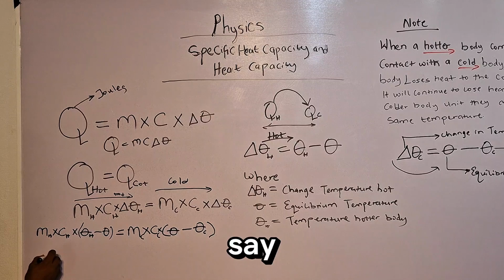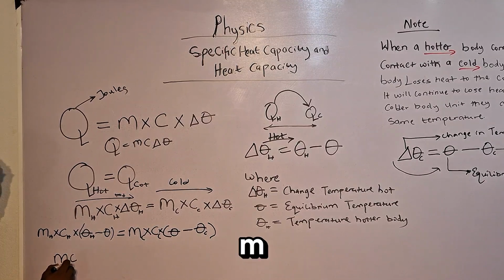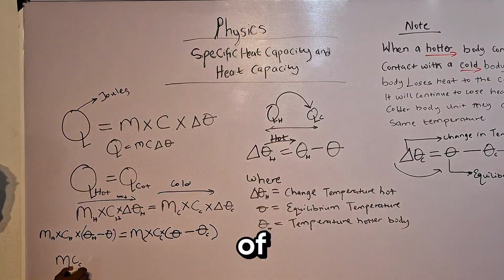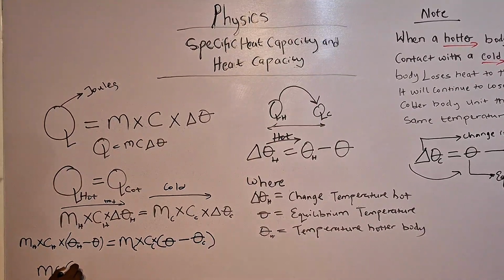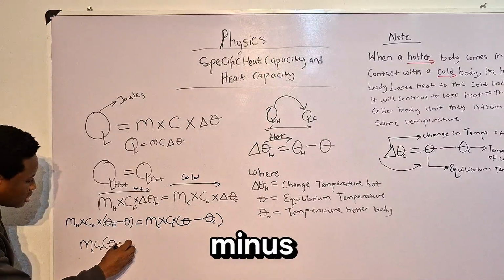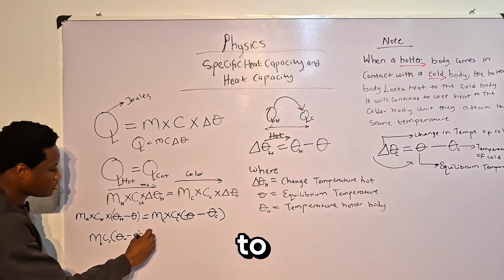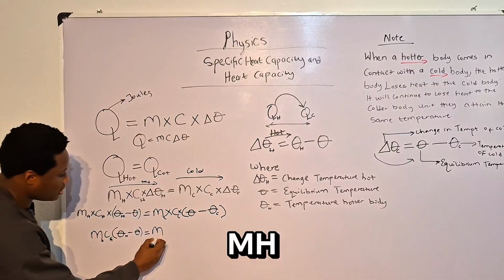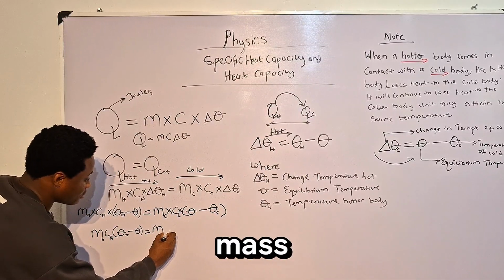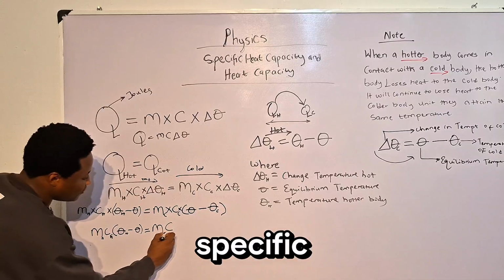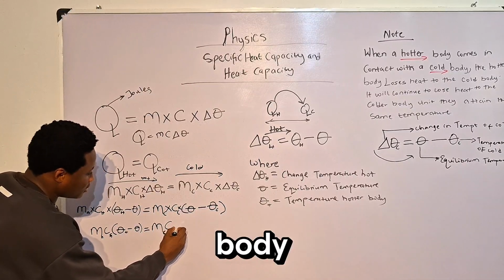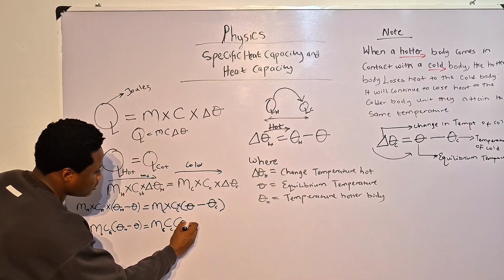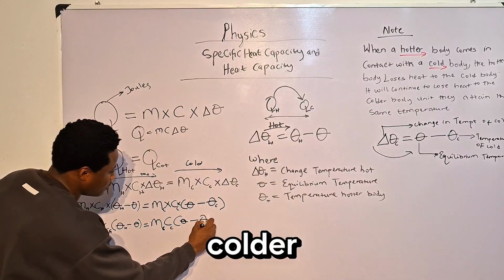So in general, we say mass of the hotter body and specific heat capacity of the hotter body, bracket temperature of the hotter body minus equilibrium temperature, is equals to mass of the colder body times the specific heat capacity of the colder body times equilibrium temperature minus temperature of the colder body.